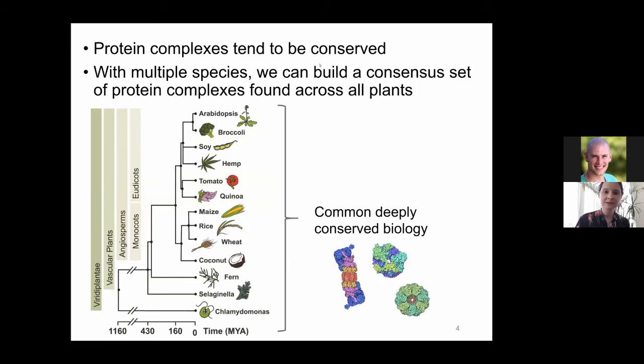That means we can use multiple species to create a consensus set of the protein complexes found across plants. So in my experiment, we surveyed across 13 species to try and get at biochemical signals of these common, deeply conserved biological assemblies, such as the proteasome or the CCT chaperonin complex, things like that.